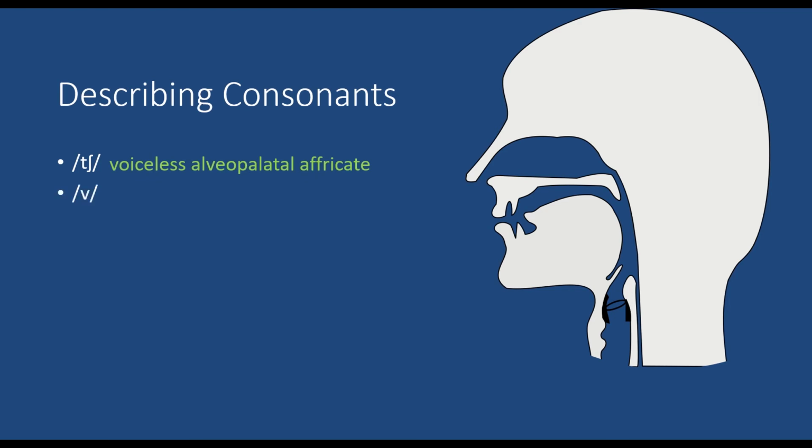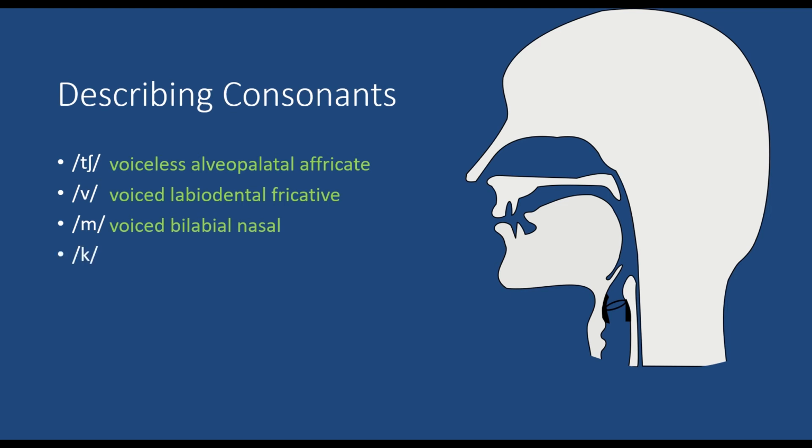If we look at another one, well, same thing. Start with voicing, voiced, then place, labiodental, and then finally, manner, fricative. So this is a voiced labiodental fricative. Can you guess what this is? This is a voiced bilabial nasal.